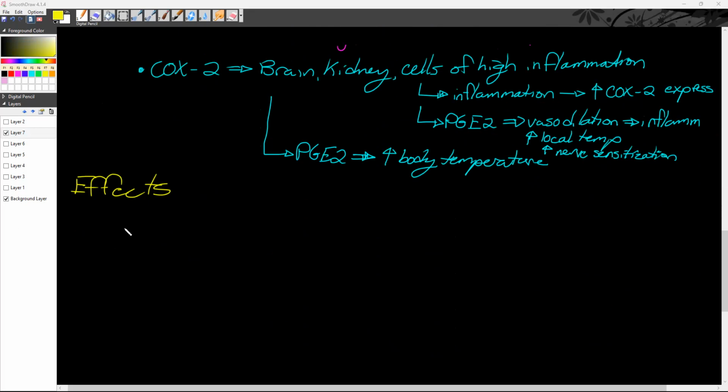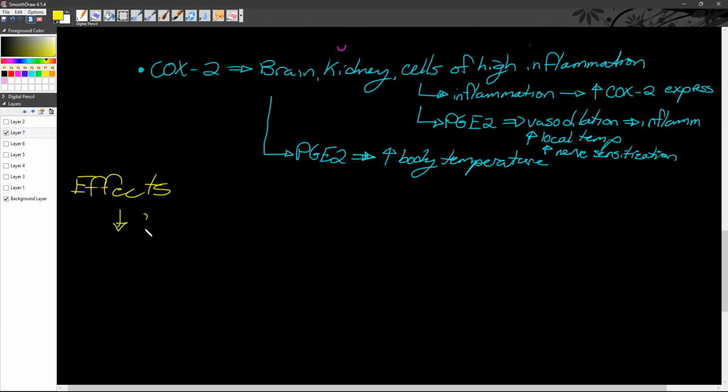By inhibiting COX-1, what this is going to do is lead to a decrease in PGE2, specifically in the gastric mucosa, in the stomach, we'll just say.